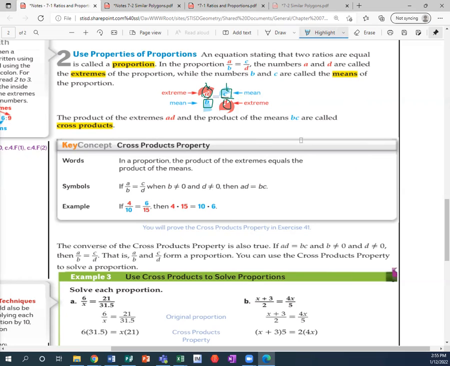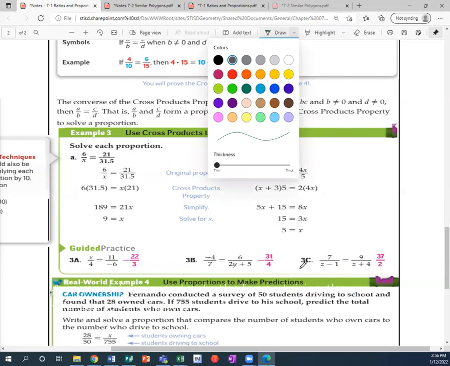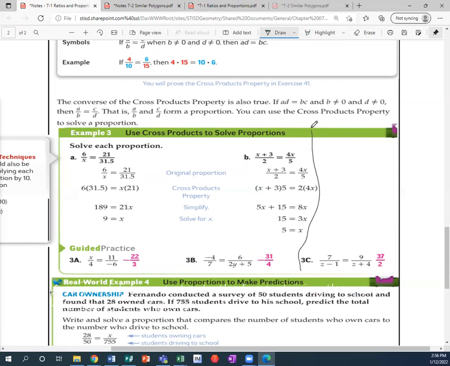Whenever you see a fraction, an equal sign, and a fraction, you can cross multiply and solve. And that's what we're going to do here. I'm going to do example 3C for you in this workspace, because there's an example that looks a lot like 3C in the second section that we've got going on today in one of your worksheets. So I want to give you some examples.